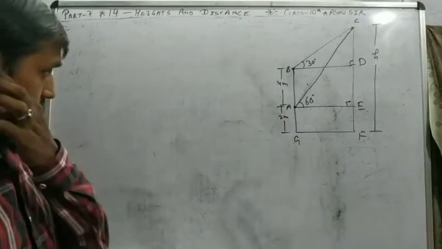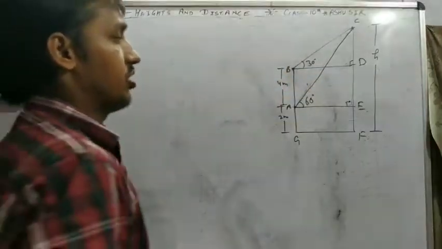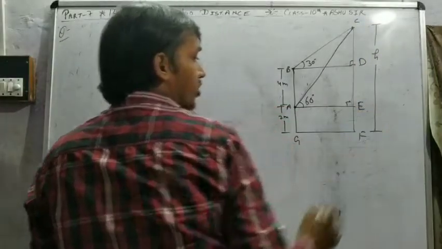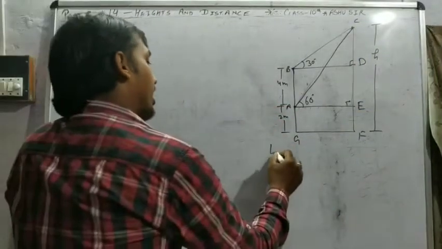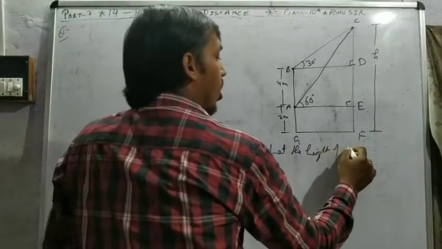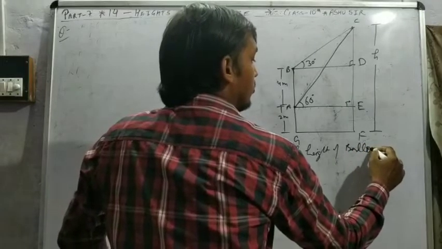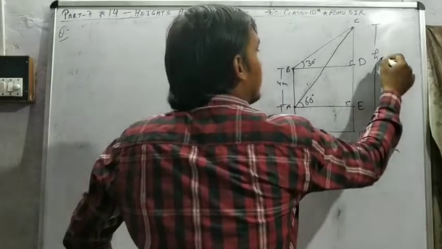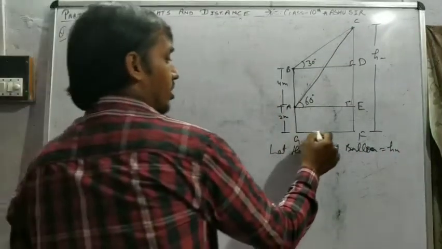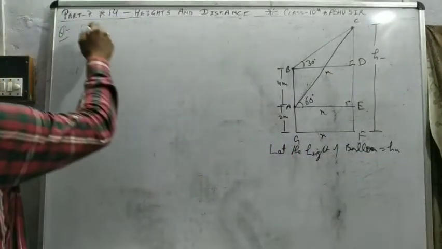Then you want to find H. This is CD, DE and EF, divided into 3 parts. So let the height of the balloon be H meters. Take any triangle. This X, also X, also X, same.